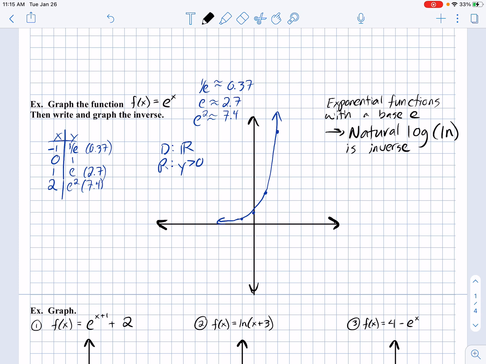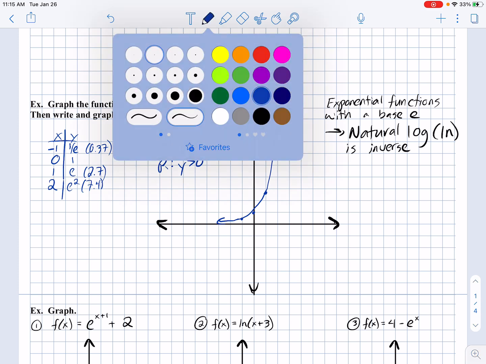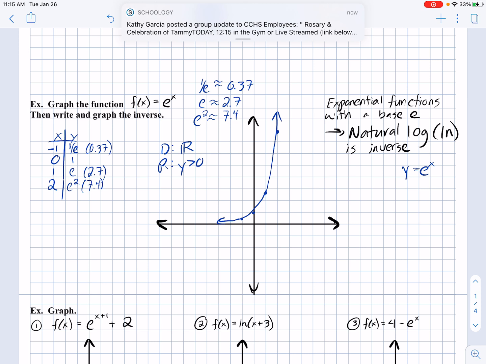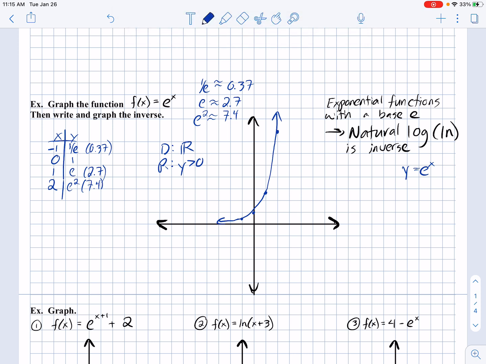All right. Let's solve for the inverse over here. Let's take that same equation. Y equals e to the power of x. And then we'll go ahead and switch x and y and solve for our y. So we have x equals e to the power of y.